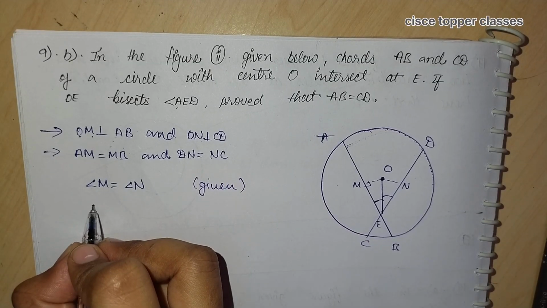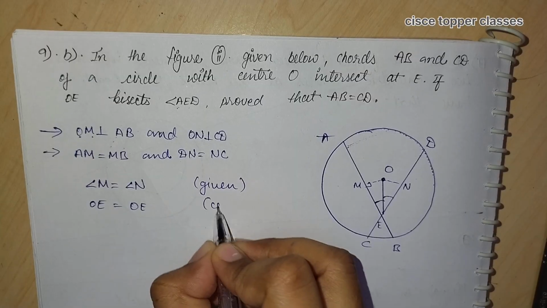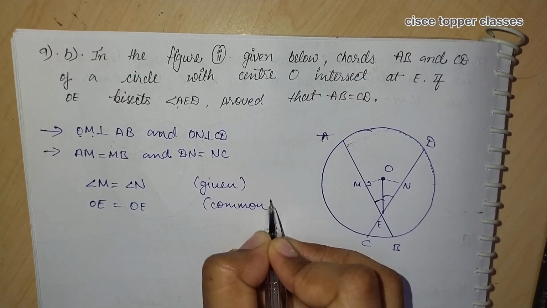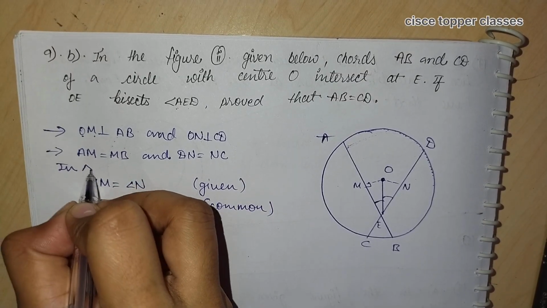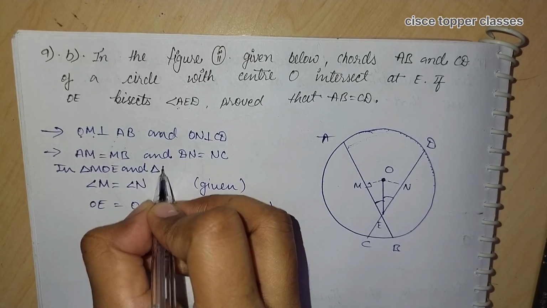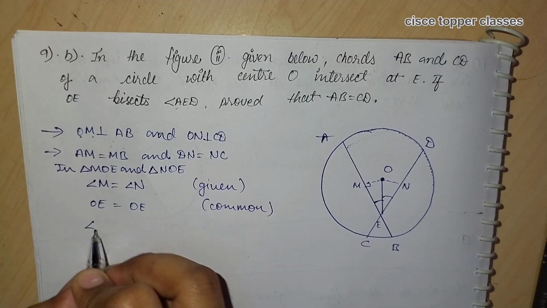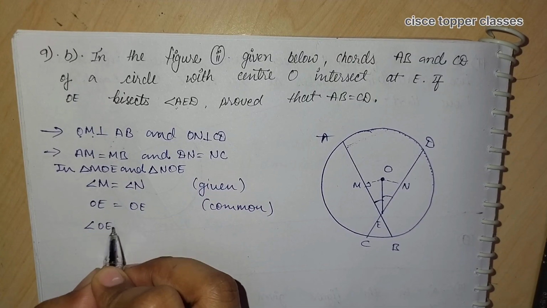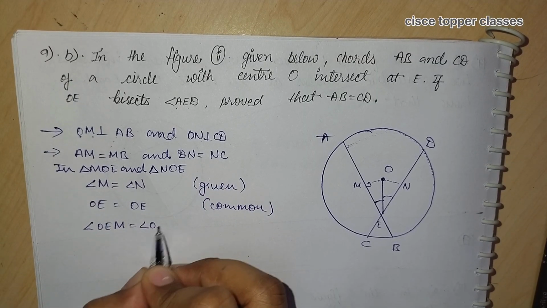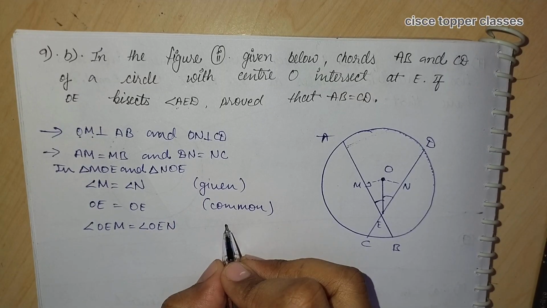And now we have OE as common in this triangle. So this is common. We are taking triangle MOE and triangle NOE. And as we know that OE bisects angle AED, from there we have angle OEM is equal to angle OEN. So this is the bisector here.